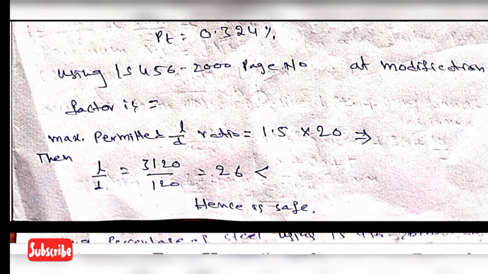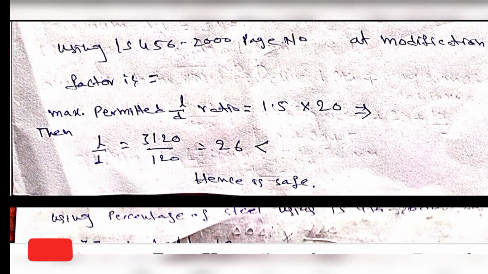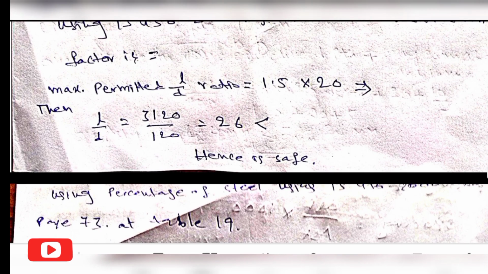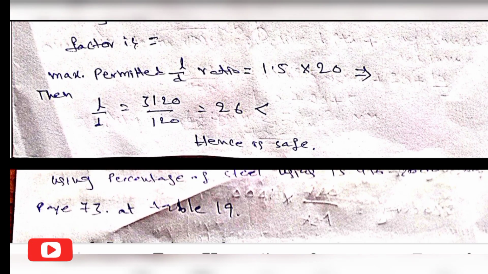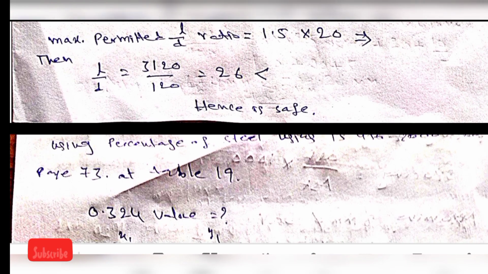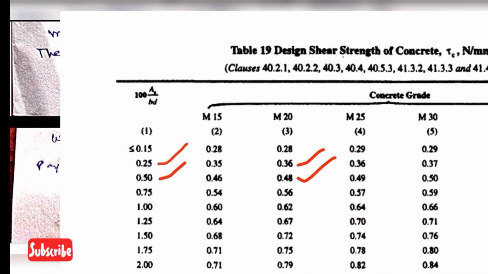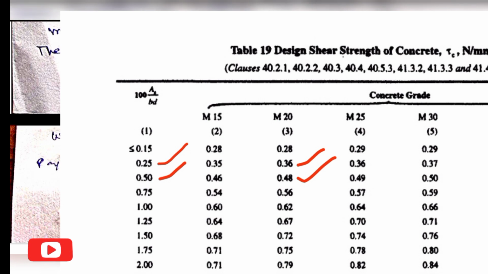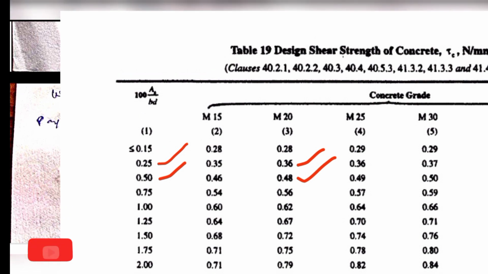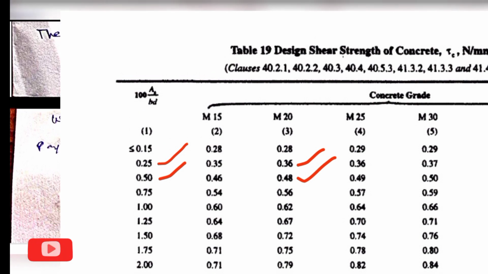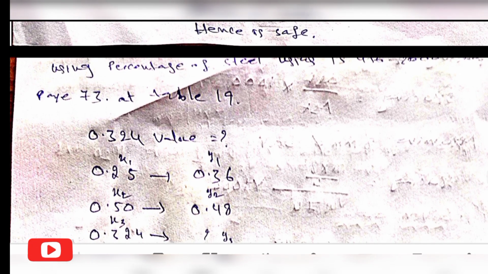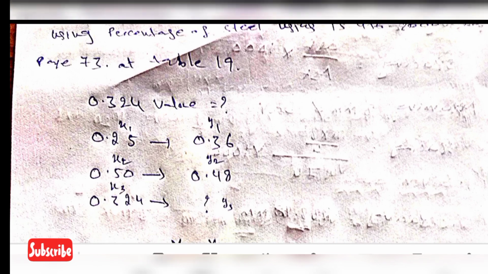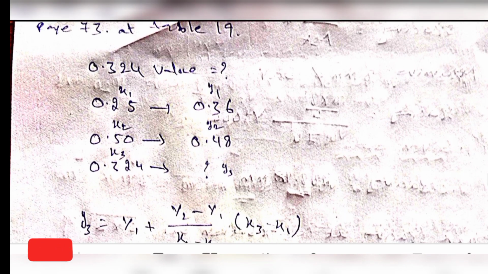See that for AST value 0.324, for percentage of steel 0.25 the M20 value is 0.36, and for 0.50 the value is 0.48. Then find the shear strength value for 0.324.